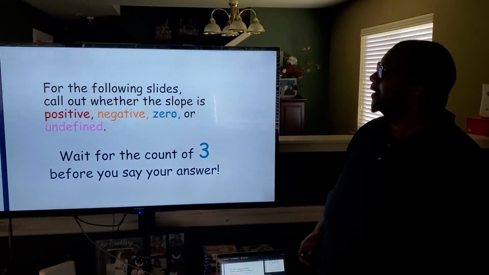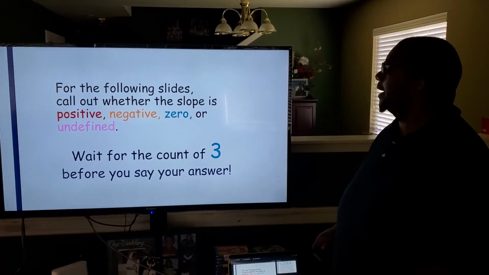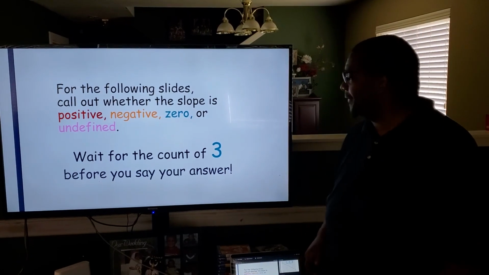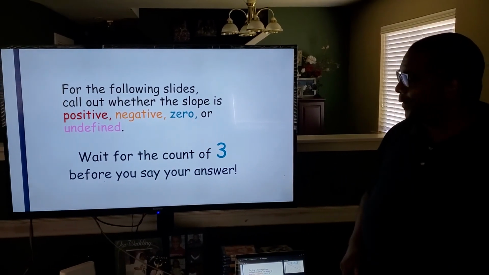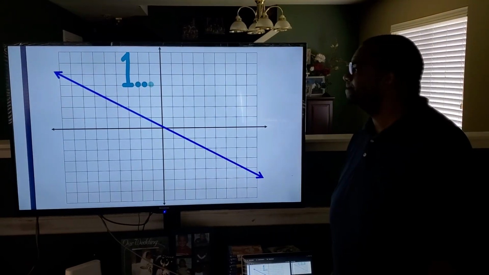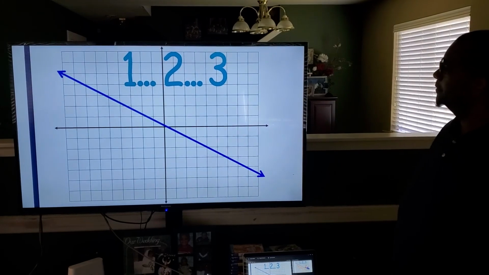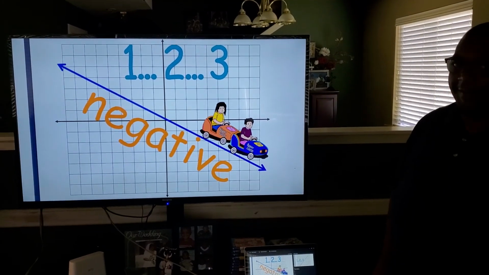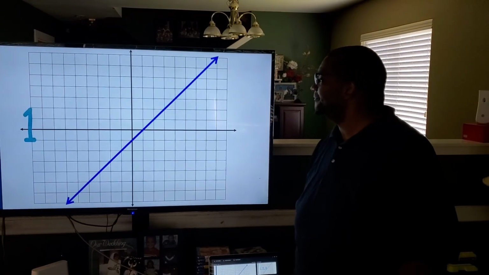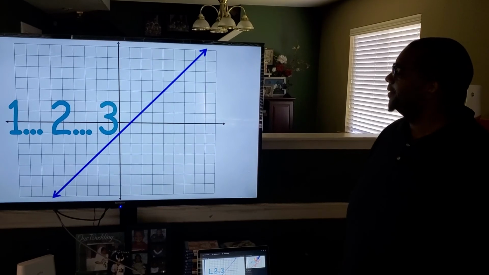Okay? So now, for the following slides, I want you to call out whether the slope is positive, negative, zero, or undefined. Wait for the count of 3 before you say your answer. Negative. Very good. That's a negative slope. 1, 2, 3.